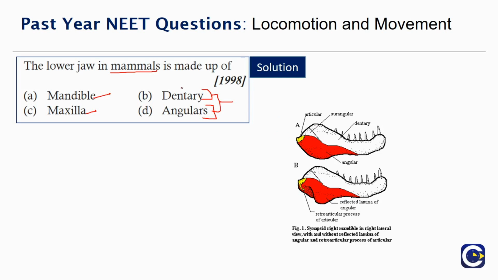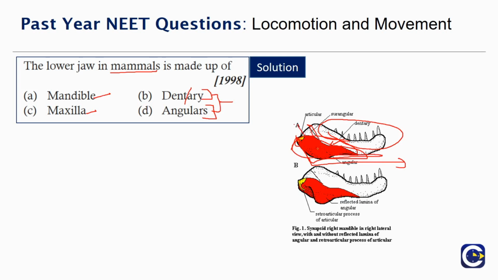Dentary, dent refers to the teeth. So dentary is the part of the lower jaw that contains the teeth, and it connects this part of the bone to the other part of the bone. This is the angle of the lower jaw here. The angulars refer to this portion, which gives the L shape or approximate L shape.